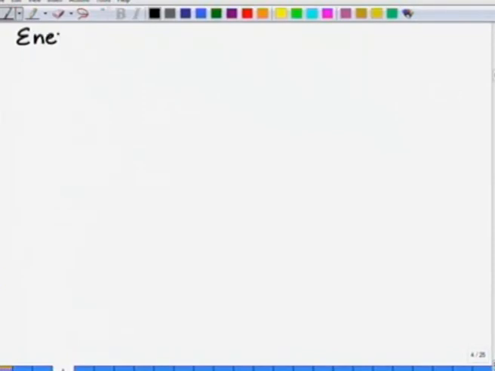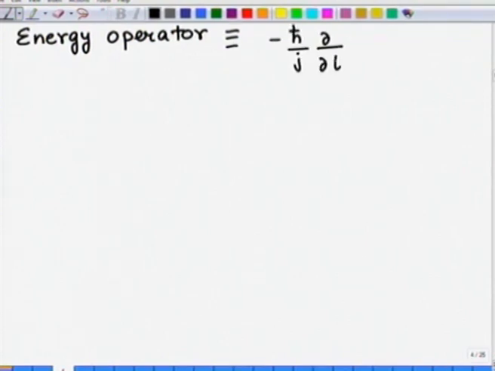In order to do so, let us see what is the energy operator. Let us go to the next page. Let us look at the energy operator. What is the energy operator? Recall, this operator was simply minus h bar over j times ∂/∂t.